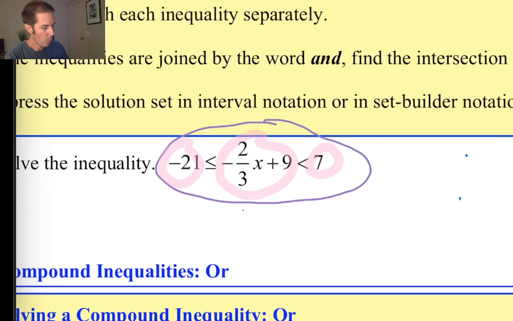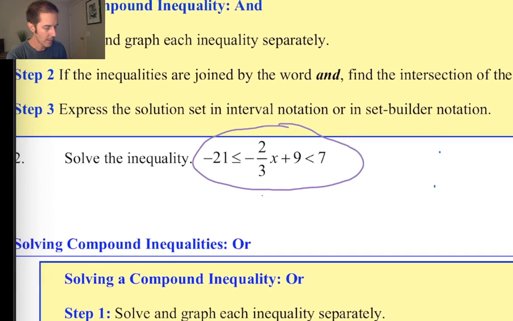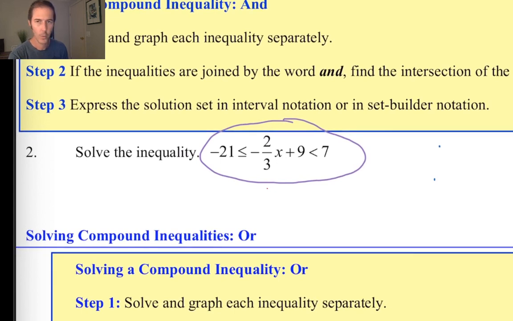And what we do to one region, we will do to all three, which sounds a lot like when you're working with an equation, what you do to one side, you do to the other. But we're going to attack all three at the same time, and the goal is going to be to get x all alone, or whatever your variable is, all alone in that middle region.